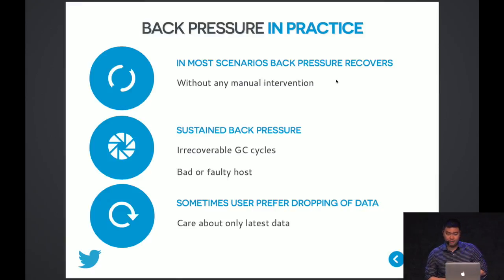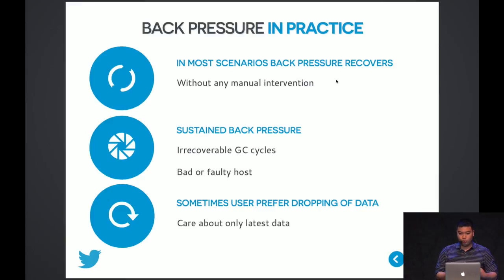But sometimes we met some sustained back pressure. Here are some reasons. On the one hand, we may meet some irrecoverable GC cycles, and sometimes because the host is really bad and faulty, there's no way for the host to recover to some normal state.